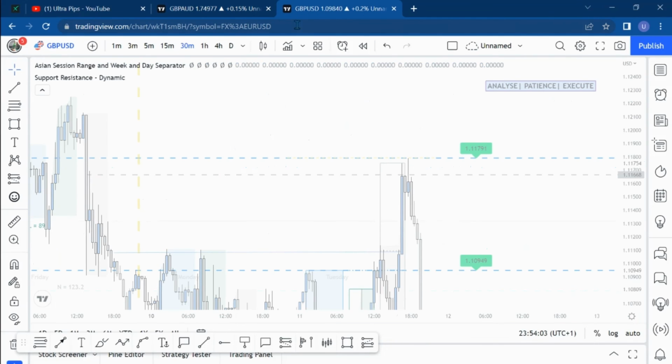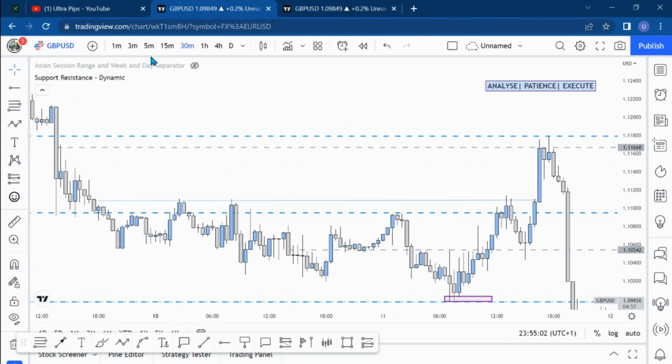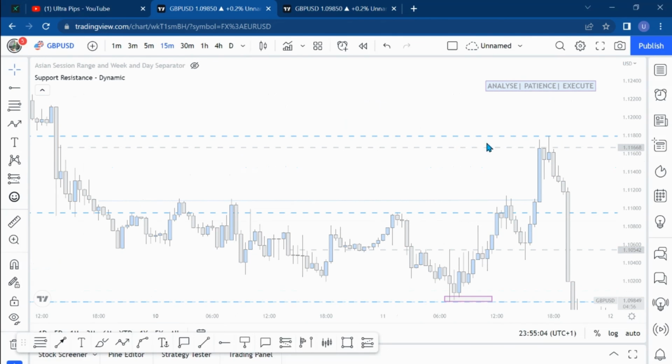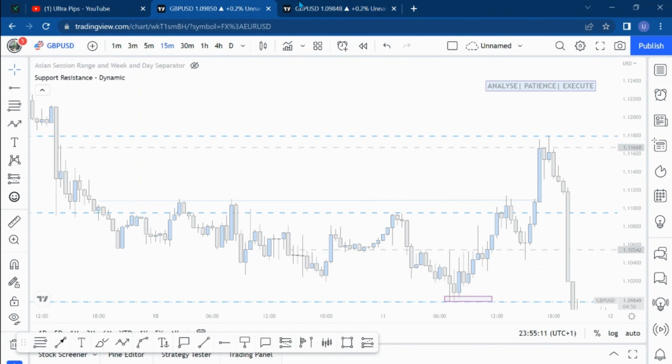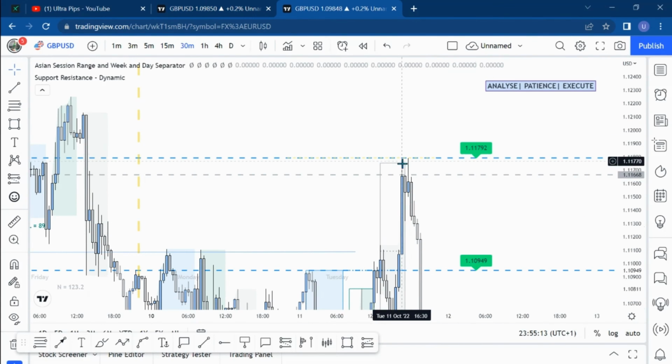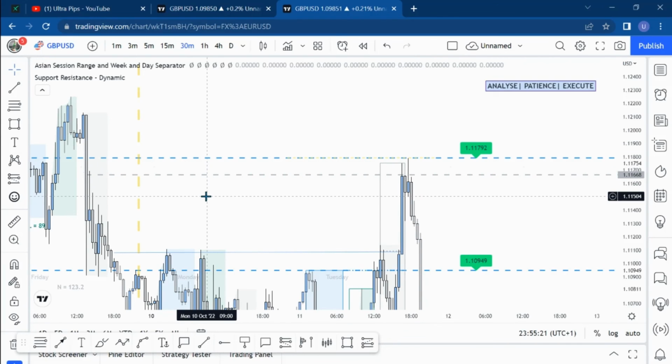On the 15 minutes time frame, it was not really giving me a clear zone. So when you go to your 30 minutes, you get to see this resistance level, and you wait for price to get there properly.